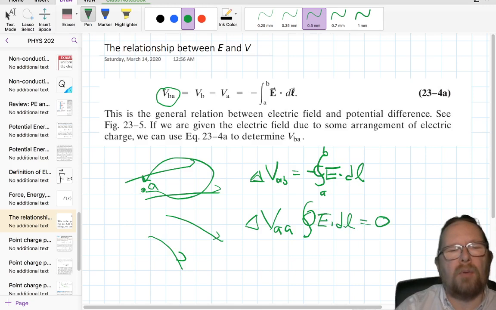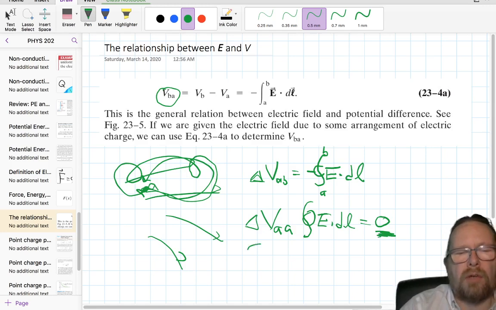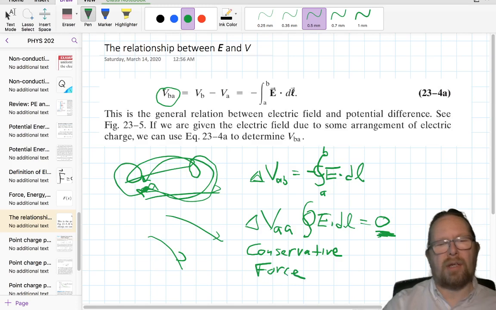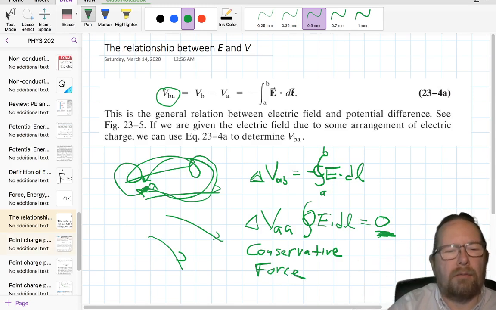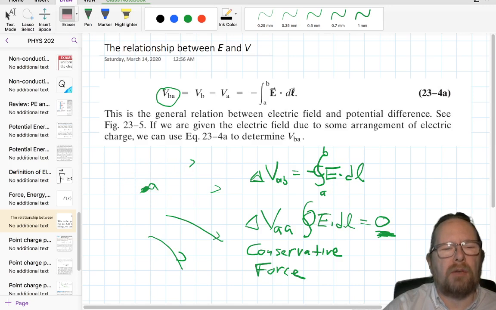So if you come back to the same point in space after integrating this potential function in some complicated way through space, when you get back to the place you started, you've done a net 0 work. This is true for conservative forces, and the electric field definitely is a conservative force. Some examples of things that aren't conservative forces are air resistance and friction, where the amount of work done depends on the path taken. That's another important thing to remember about conservative forces.